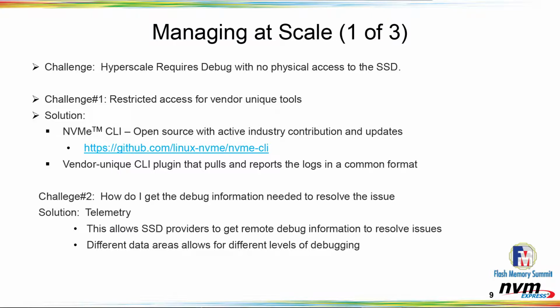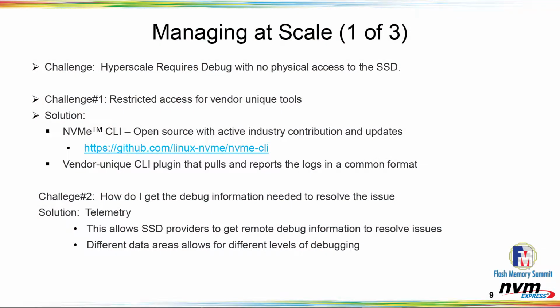Next challenge. Managing at scale is a challenge. With lots and lots of equipment, obviously, there are lots of things that can happen. The first challenge is restricted access. There are no vendor-unique tools. We cannot have vendor-unique tools in our data center, and thus we need standard mechanisms. There is NVMe CLI.